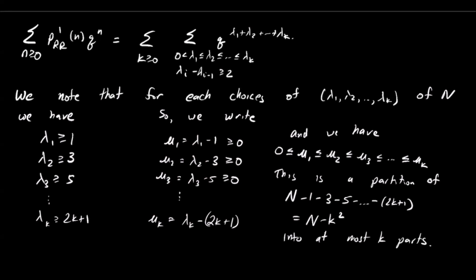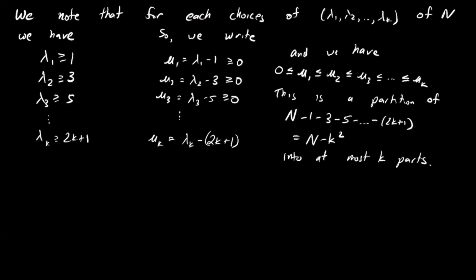Okay, so what are we looking at here, right? What are we looking at when I go back to my sum? So the thing to recall is that the sum of PRR1 of n, q to the n, where n is bigger than or equal to 0. We wrote this before in terms of the lambdas, but now what I'm going to do is to write this in terms of the mu's.